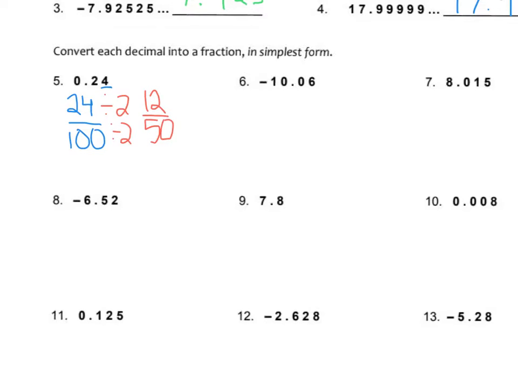Can I simplify again? Of course. This time I'm going to divide by 2 again. 12 divided by 2 is 6. 50 divided by 2 is 25. And that should be my final answer.